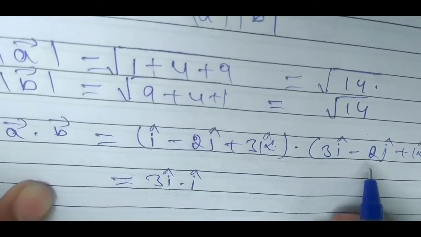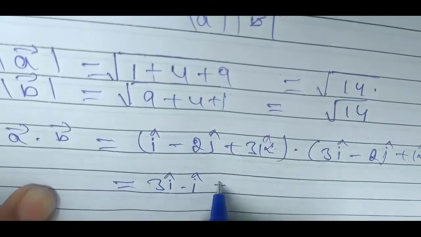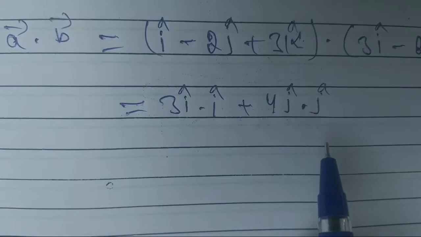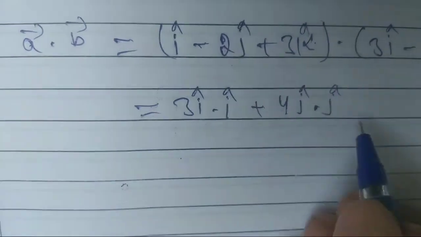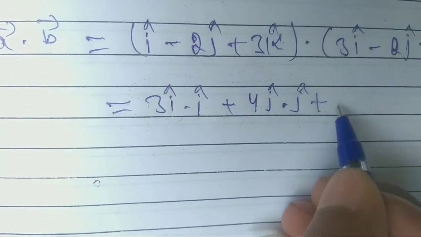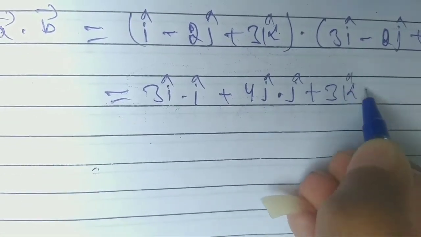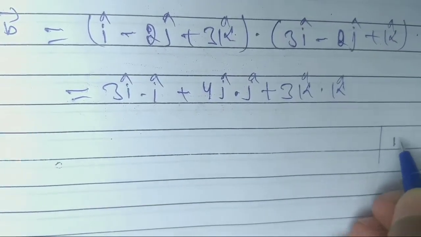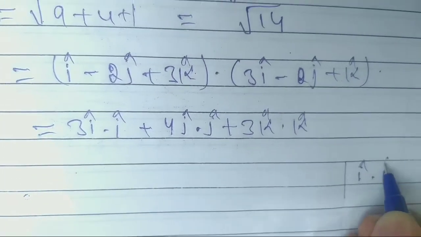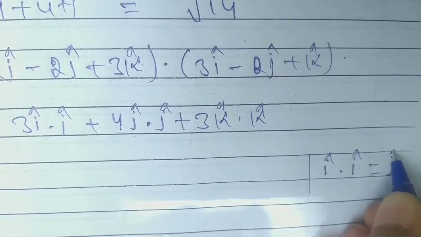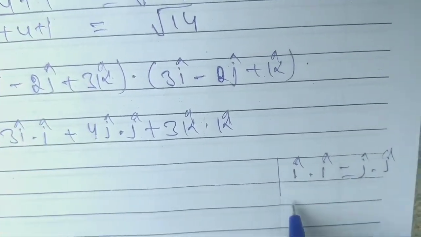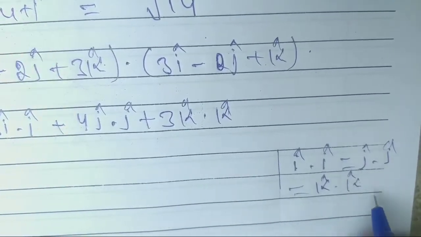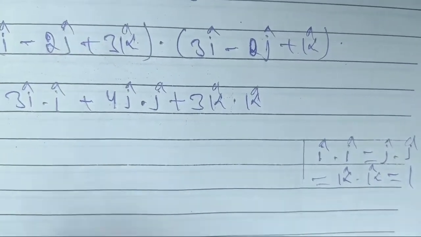Here this minus will become plus 4, 2 into 2 is 4, j into j here, plus 3 k cap into k cap. Here I will write i cap dot i cap is equal to j dot j, which is equal to k cap dot k cap, which is equal to 1.